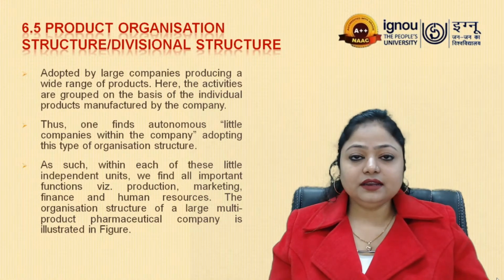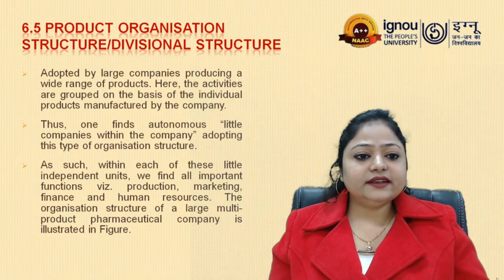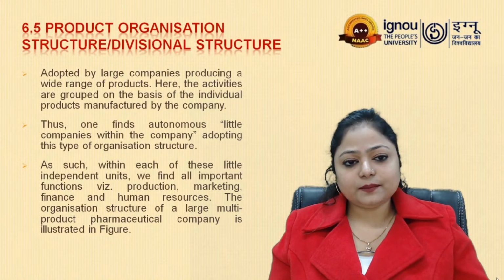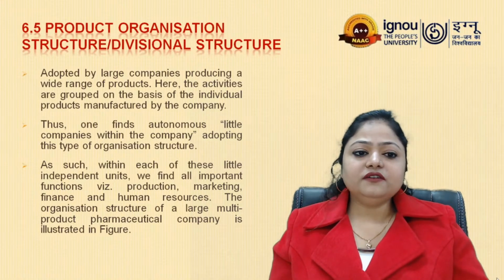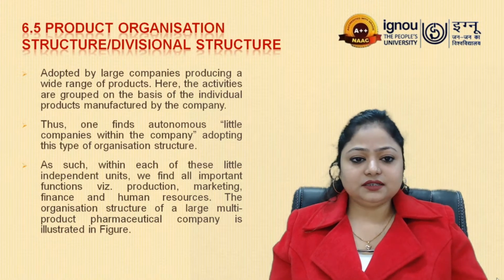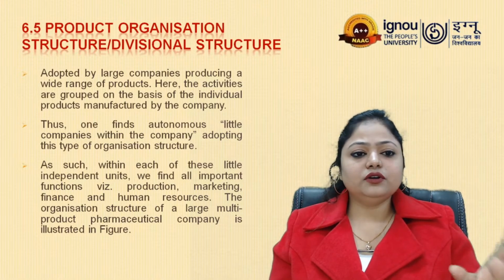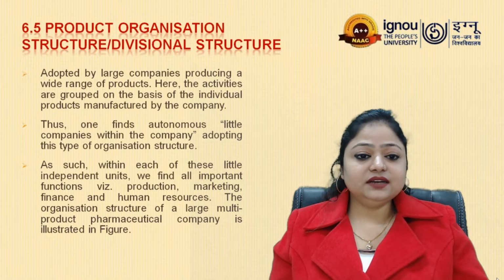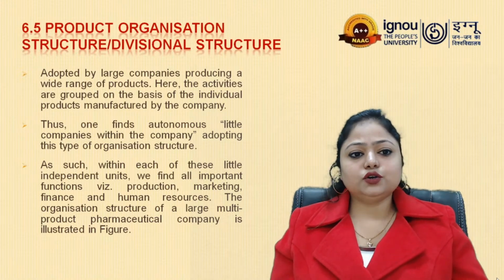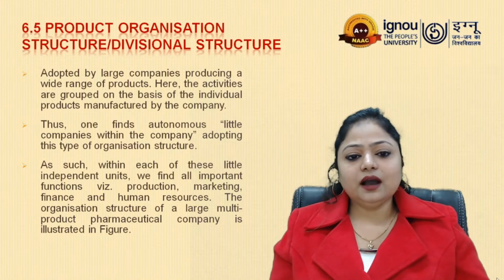Now, if we take the example of Nestle, we see there's a product line with the Maggi brand, then a product line with coffee, and then the chocolates. So these are the various sub-products with a wide range of products under the parent company, that is Nestle. So the activities are grouped on the basis of the individual product manufactured by the company.